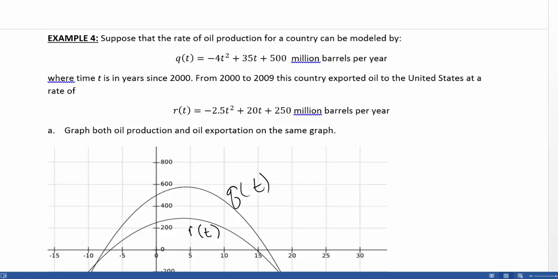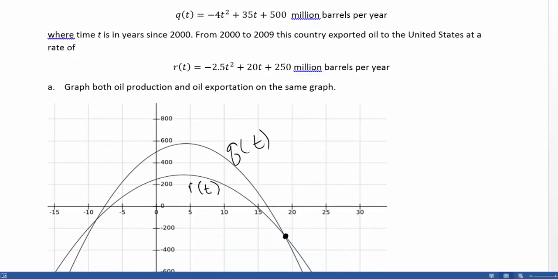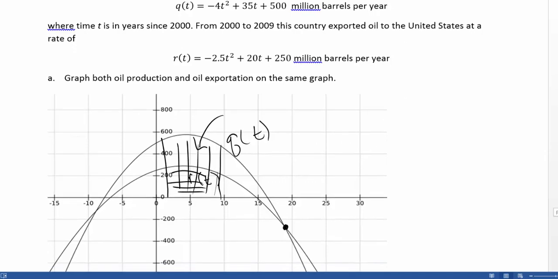So here, if we talk about the area between the curves, what we're looking at is how much was produced from 2001 to 2009, so that's Q of t, minus how much was exported. So what's left is what we found. So that's how much the country had left over after it exported some units to the United States.